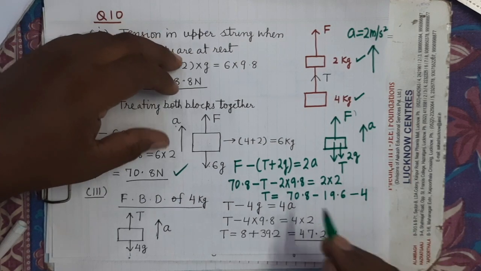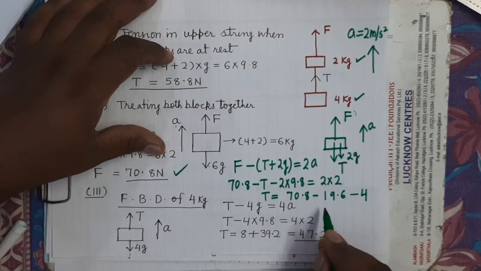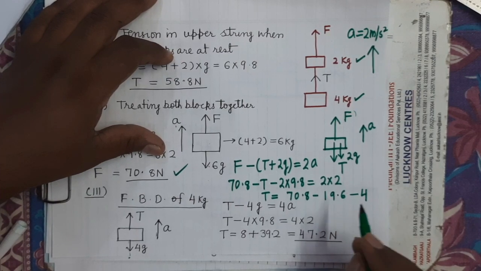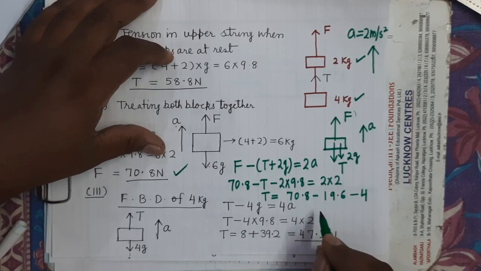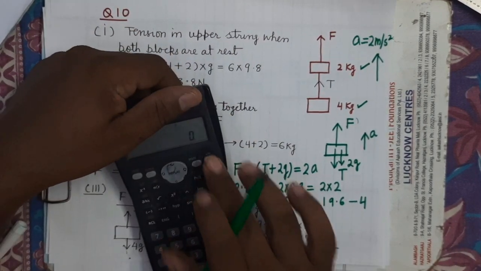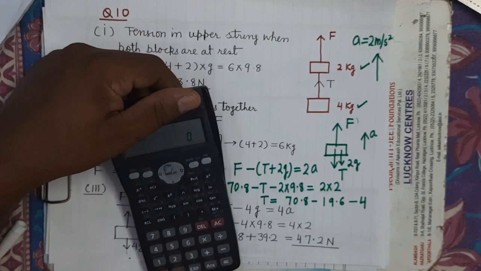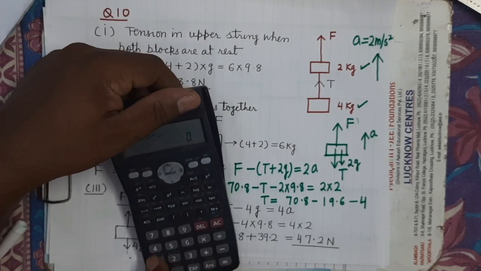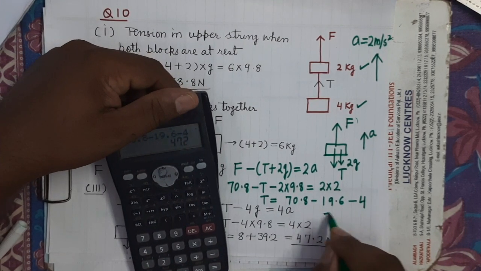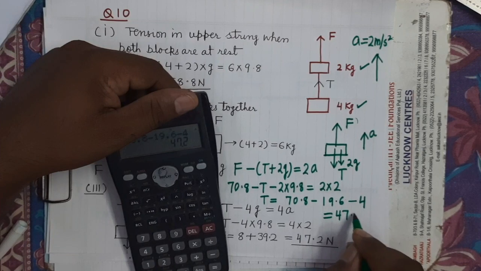So it will be equal to how much? 70.8 minus 19.6 minus 4 is 47.2. It's clear.